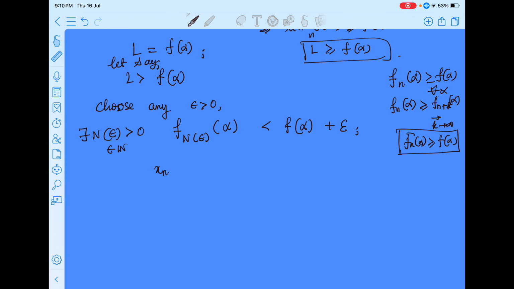Now we choose a decreasing sequence xm that converges to alpha, there is no doubt about that.